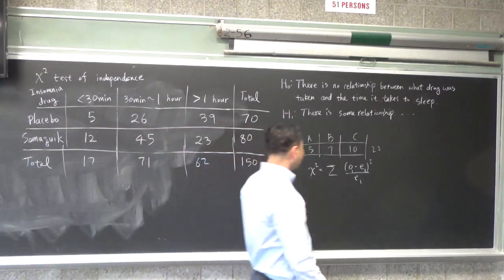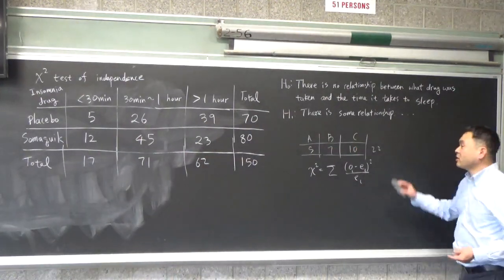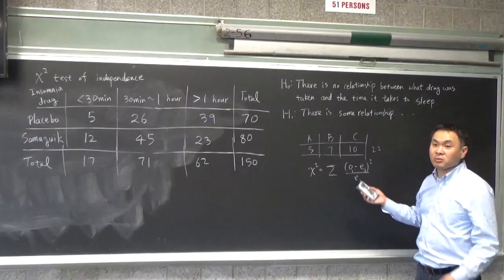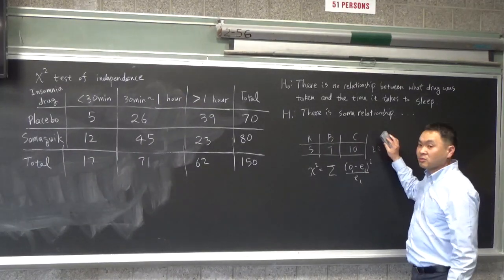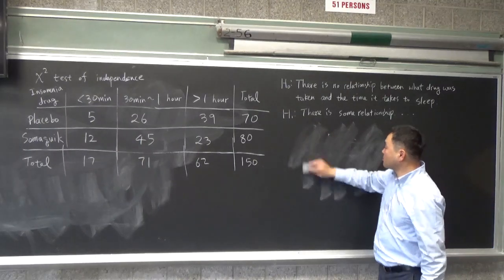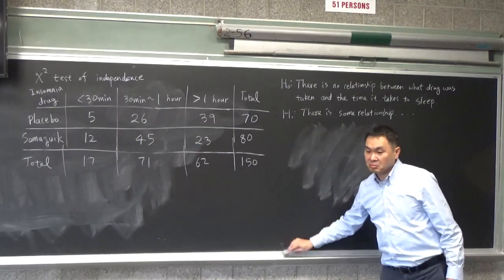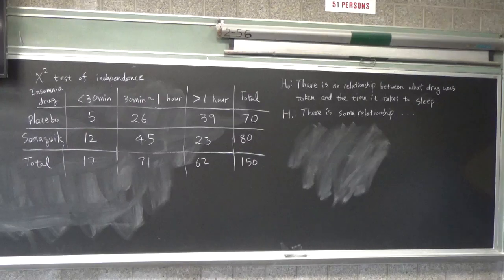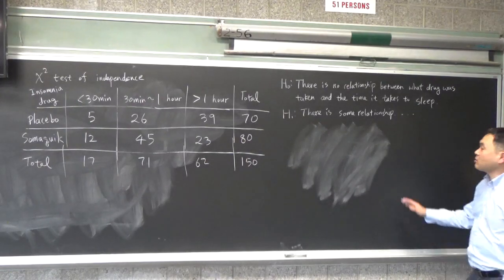And I also explained why this makes sense if you compare it with the traditional test of proportion, especially in the case of just 2 things.